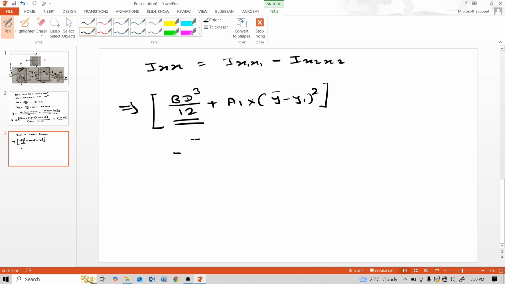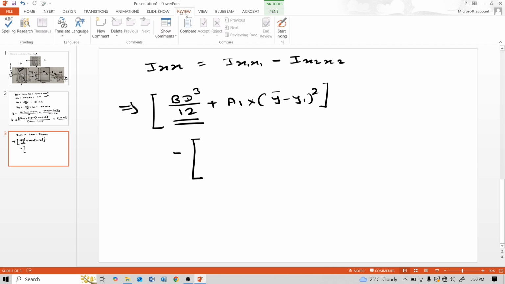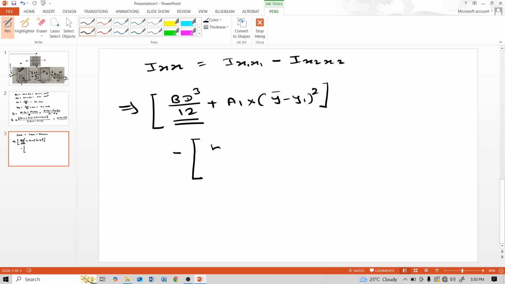See my previous lecture about the parallel axis theorem, then you will grasp this concept very fast. Similarly, for the square part: small b small d cube by 12 plus the square part area A2 multiplied by y bar minus y2 square.